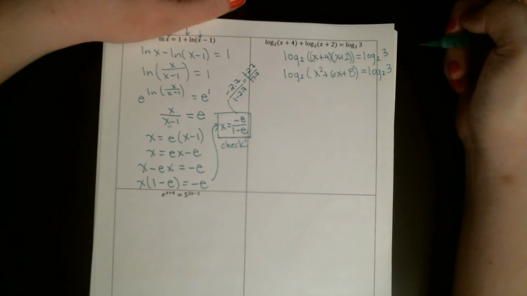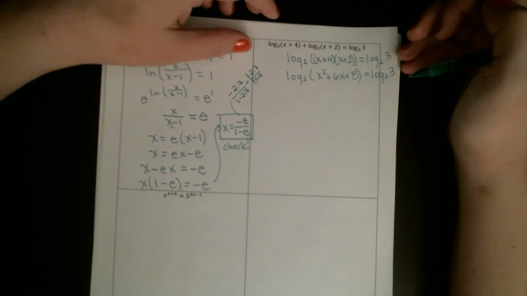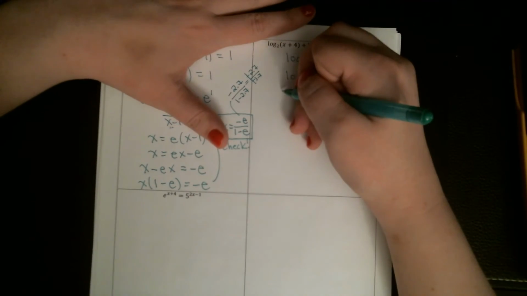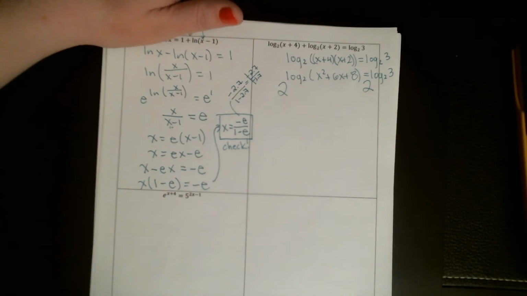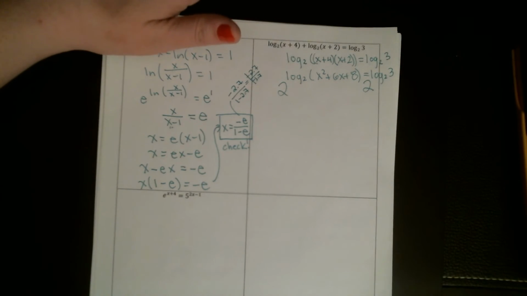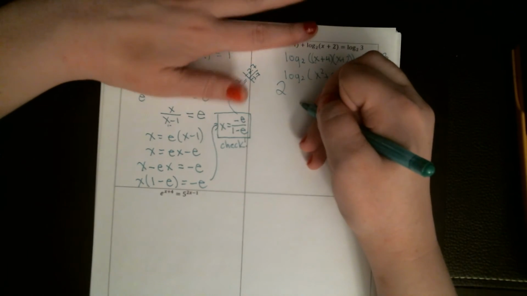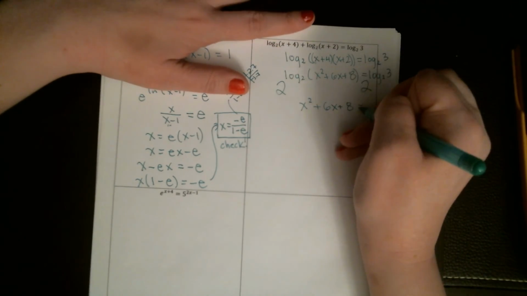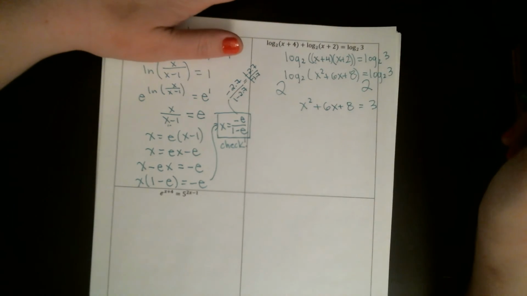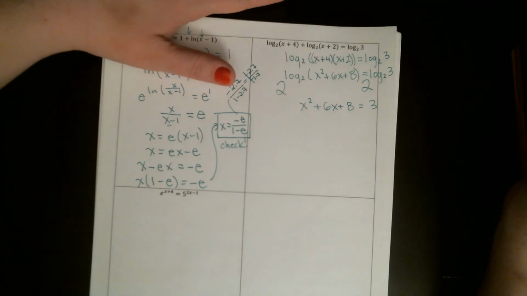Okay, so I get an x squared plus 6x plus 8. I can now exponentiate with my base of 2. I'm just going to do it the lazy way instead of rewriting all of that. So now it's 2 to the log base 2 on both sides. Because the log base 2 is on both sides, this just cancels out completely. And I get x squared plus 6x plus 8 equals 3.